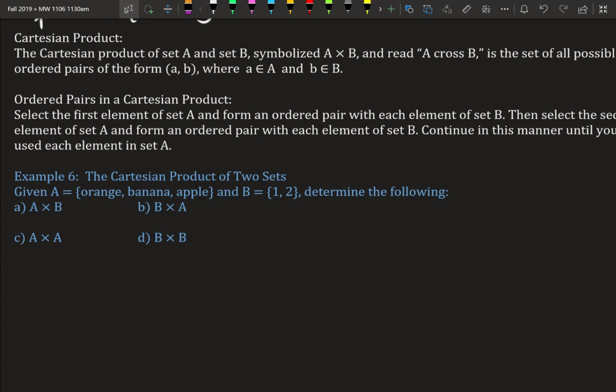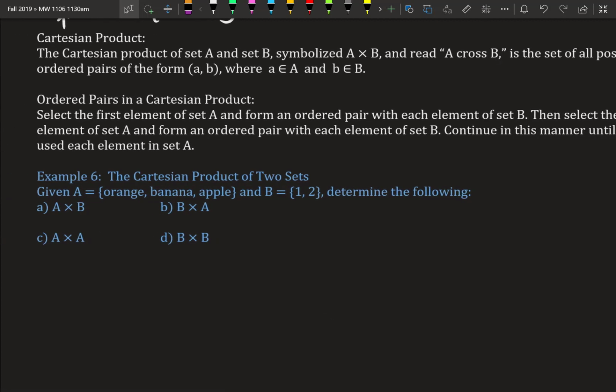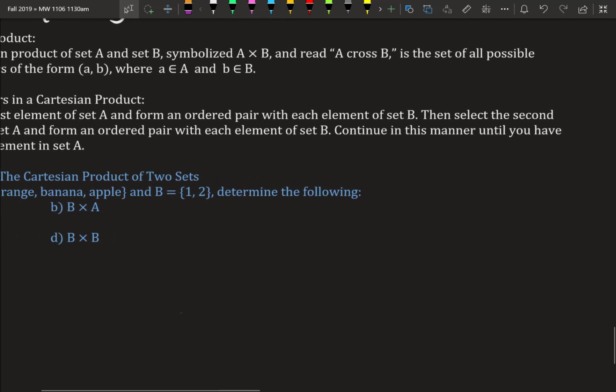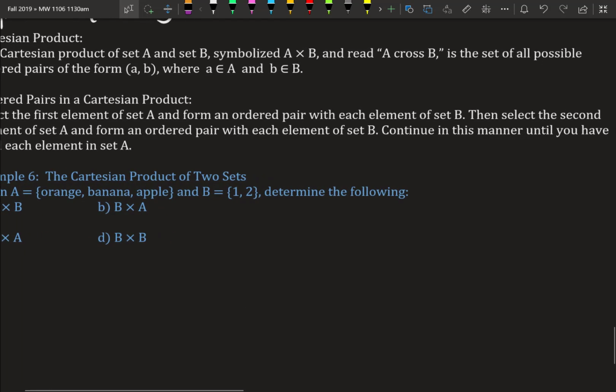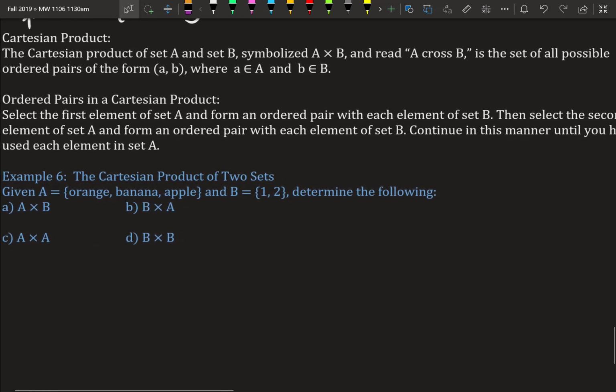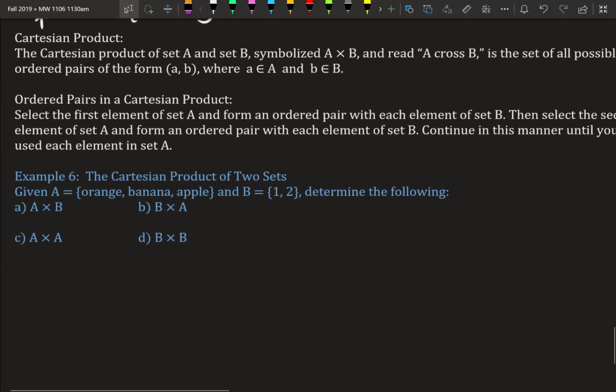Because we would have read that A times B, but it's actually called A cross B. It's the set of all possible ordered pairs in the form (a, b), where a is an element of set A and b is an element of set B. To form ordered pairs, select the first element of set A and pair it with each element of set B, then select the second element of set A and pair it with each element of set B. Continue in this manner until you have used each element in set A.